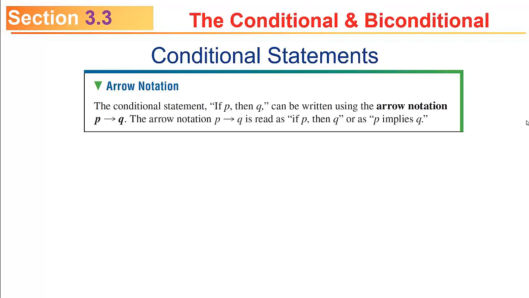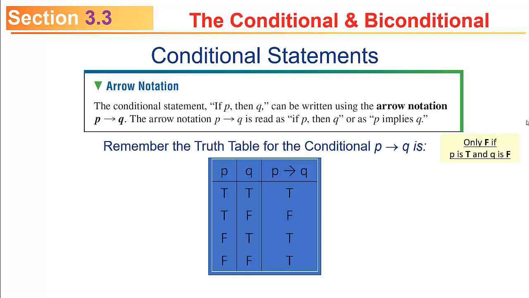This is just a summary now of what we've said. Sometimes that right pointing arrow is referred to as the arrow notation. The conditional statement, if P then Q, can be written using the arrow notation as P with the right pointing arrow, Q. The arrow notation is read if P then Q or P implies Q. And remember, the truth table for the conditional, it's only false if P is true and Q is false.